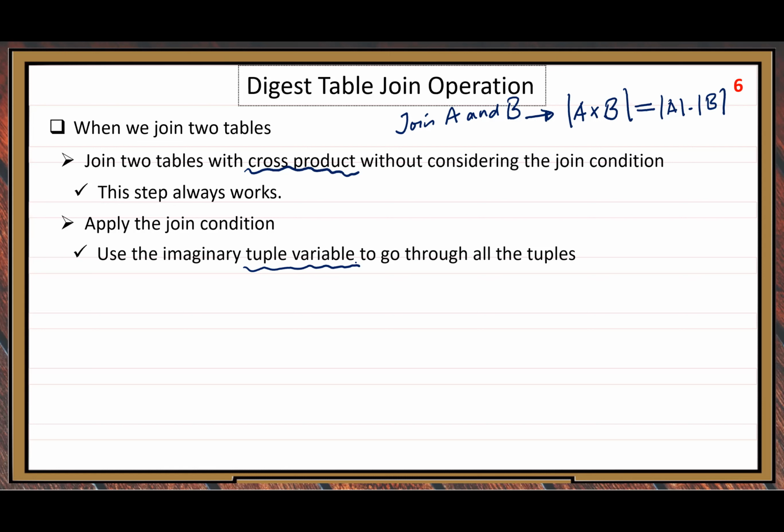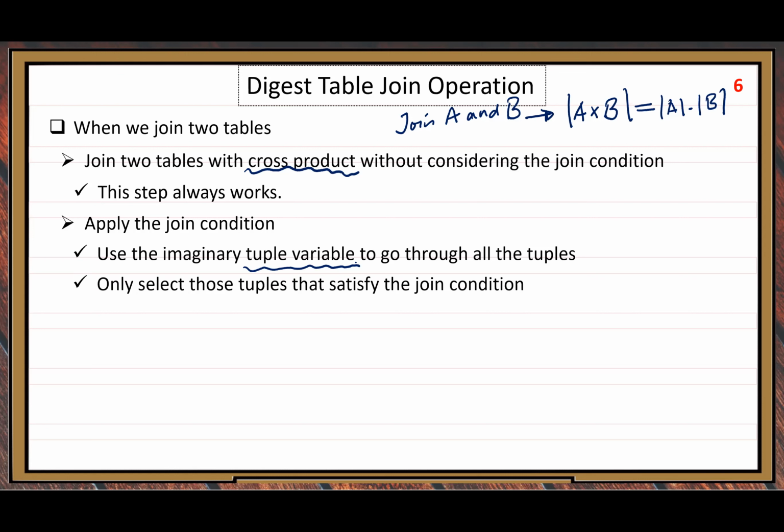It's just like a for loop, right? For loop, you have an iterator, that variable, you need to do item by item processing. So that is the role of this tuple variable concept. We will discuss this concept more in our next slide.